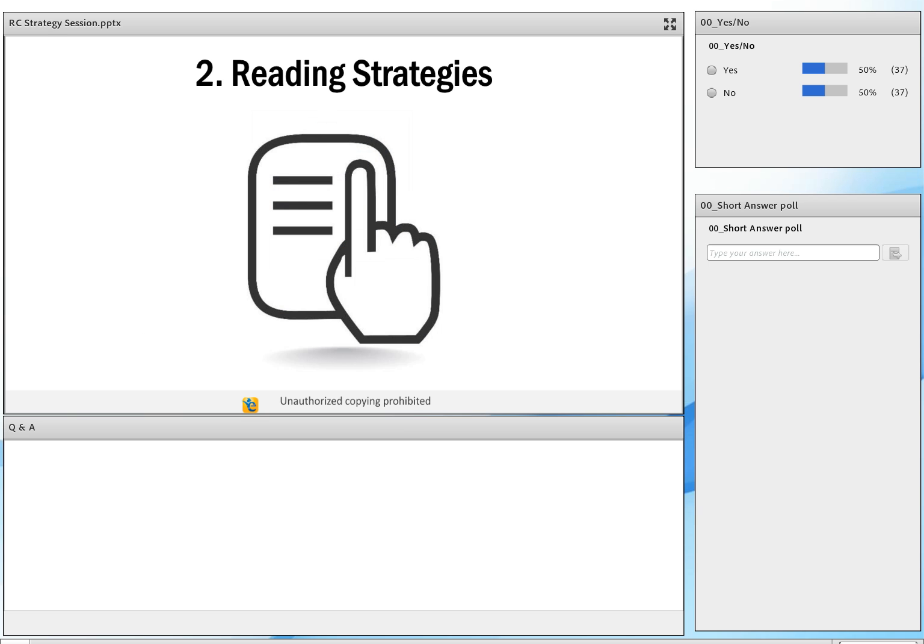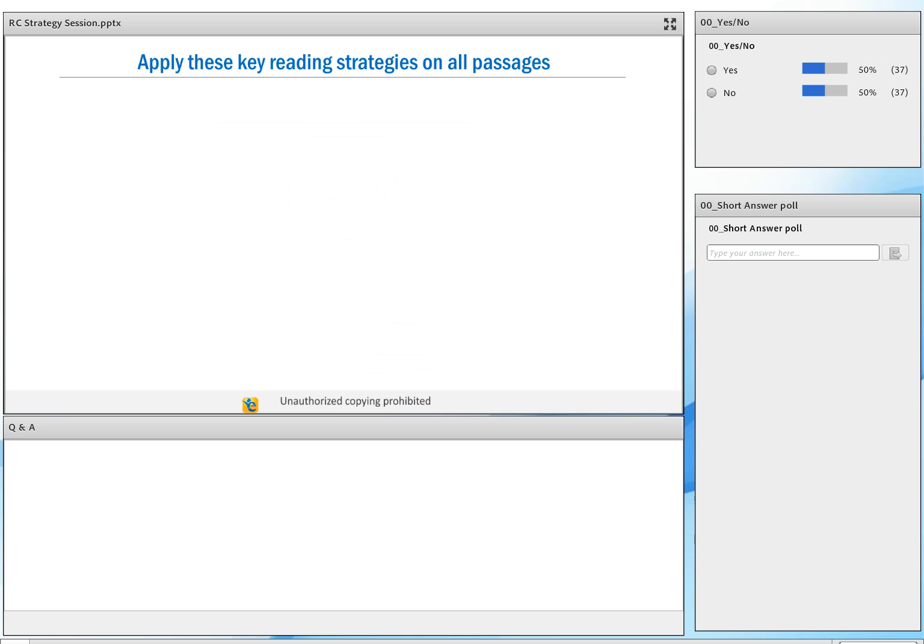Okay, now let's come to the reading strategies themselves. There are three key reading strategies that we need to apply. The first one is understand the sentence structure. And this is a very, very important one, because an RC passage consists of multiple long sentences, and each sentence contains multiple ideas.